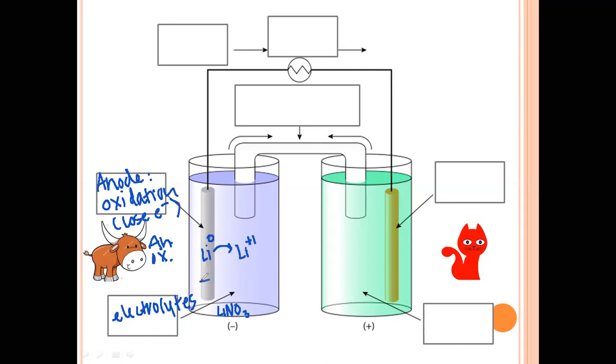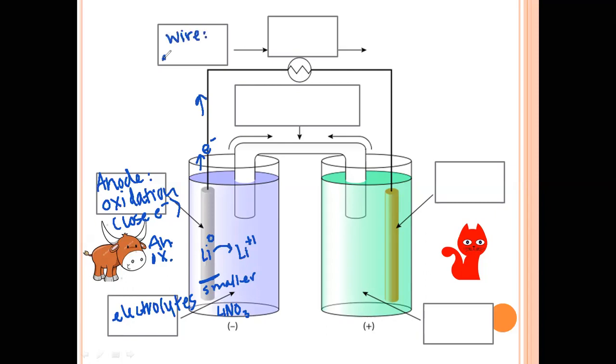So this is going to get smaller. Okay, so as this lithium metal changes to the lithium ion, it loses an electron. And when it loses an electron, the electron flows up this way and it flows through the wire.